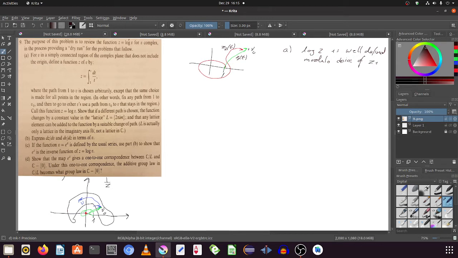So when we have a choice of the first path, then we'll always get the same result. And that's because we are in a simply connected region.